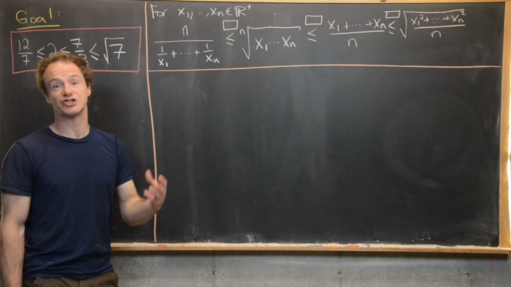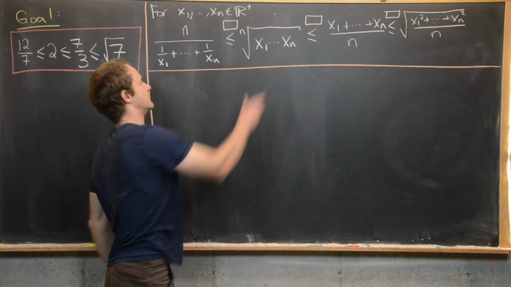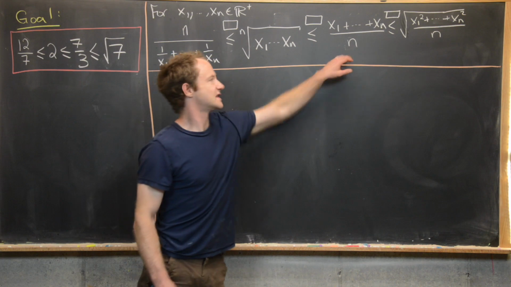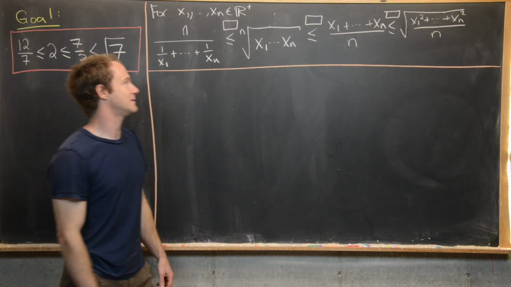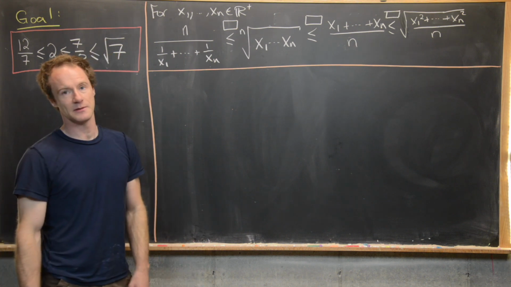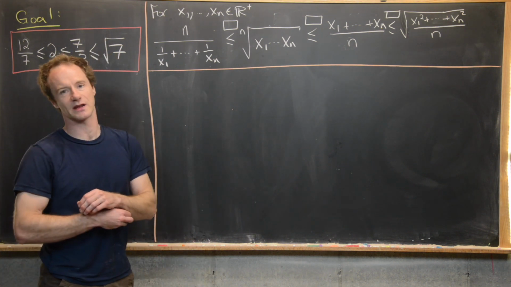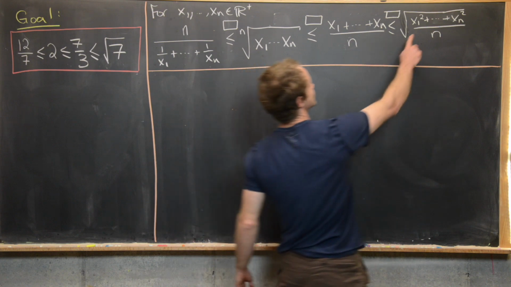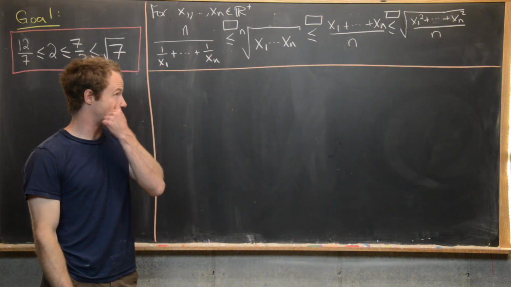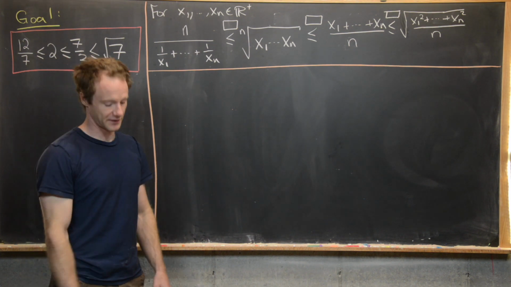Here we have what's called the geometric mean, which is the product of x1 up to xn and then the nth root. This is the kind of normal arithmetic mean, which is the sum x1 to xn divided by n. And finally, we have the quadratic mean, which is the sum of the squares x1 squared up to xn squared all over n, and then you take the square root of that whole thing.